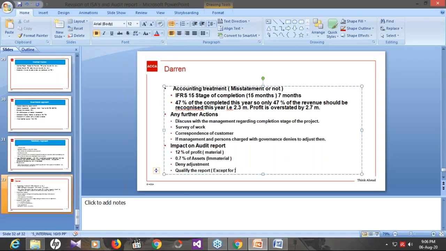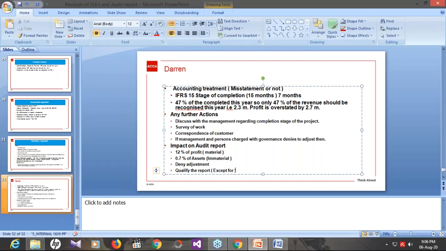So we are going to give the opinion like except for the revenue figure, the financial statements give a true and fair view. So our audit report will be qualified because this is a material misstatement. This doesn't have any substantial effect, so this is not pervasive. But this is material according to the profit benchmark, so the auditor can issue a qualified report.